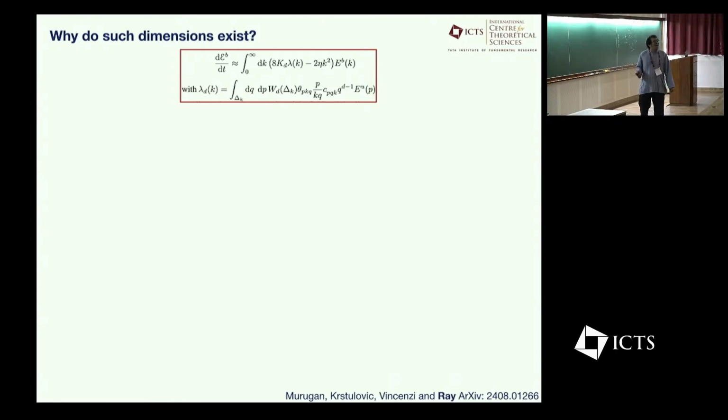So the way to understand these critical dimensions is the following. You can go back to the closure equations, and write down, at least for short times with certain suitable approximations, the evolution of the magnetic energy.